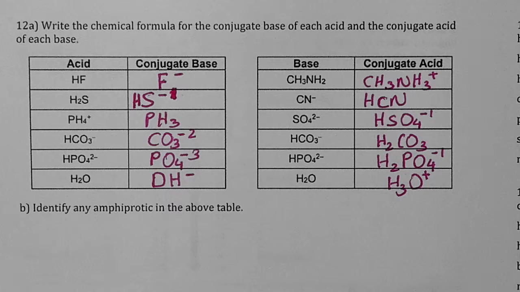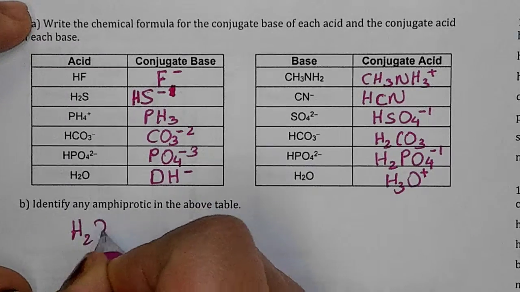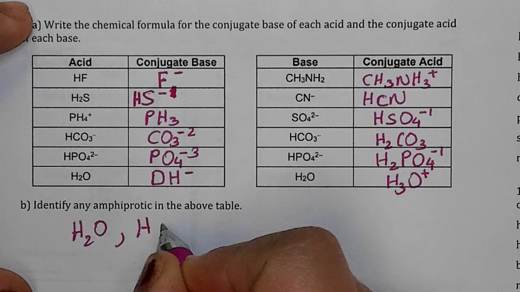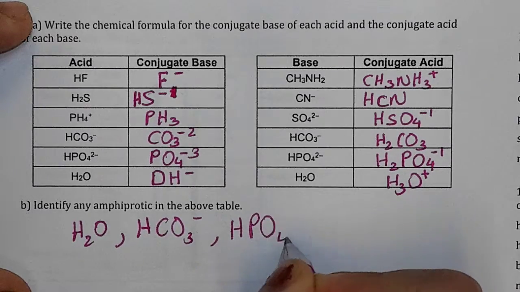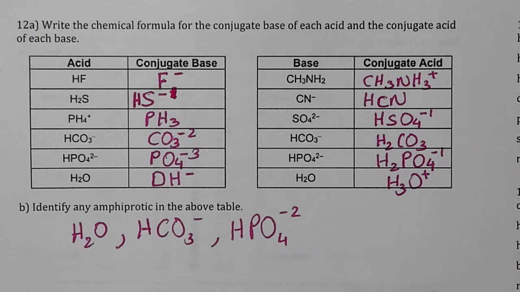All right. So who are the amphoteric ones? H2O. That's it. HCO3 minus. And H2PO4 minus. That's it. Because all these three can act like either acid or base. Now notice that we don't know who they're reacting with. It depends on who they react with.